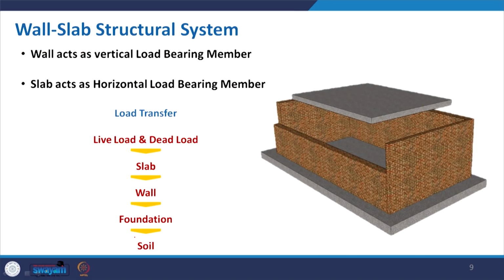Now, come to the wall slab structural system. Again this is a very representative structure, just for showing you the purpose that here you are not able to find any column or something like that.